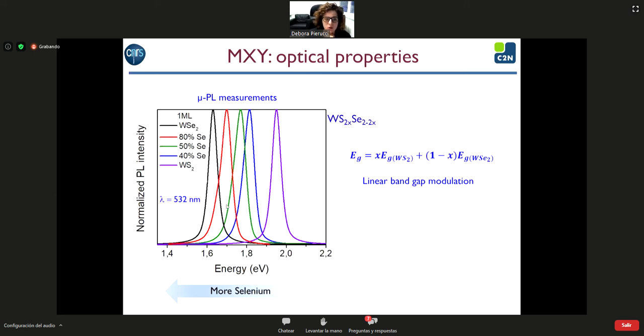We also see, if we compare with the PL signal of the pure materials, the tungsten diselenide and the tungsten disulfide, that we have almost the same sharp peak, and we have no signal near the signature of the pure material. That means that we really created an alloy without any domain of the precursor, so a single phase.